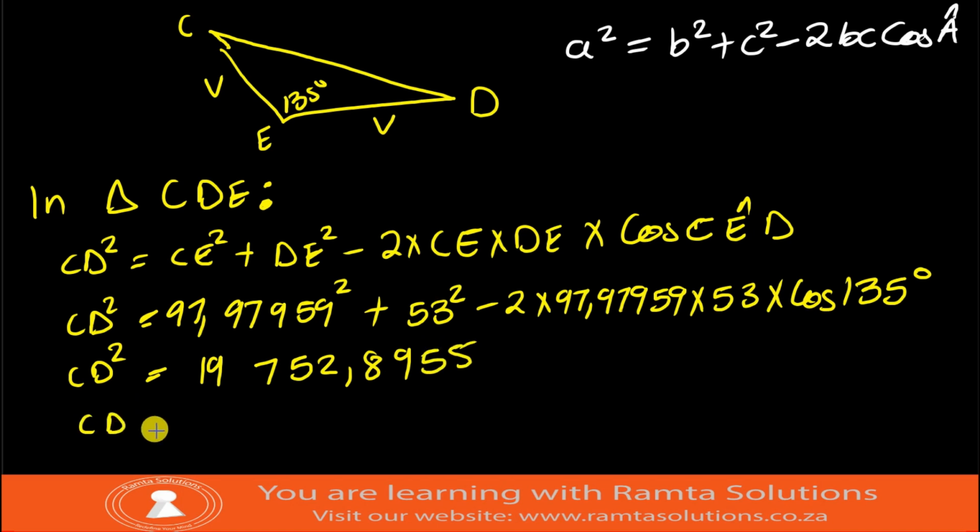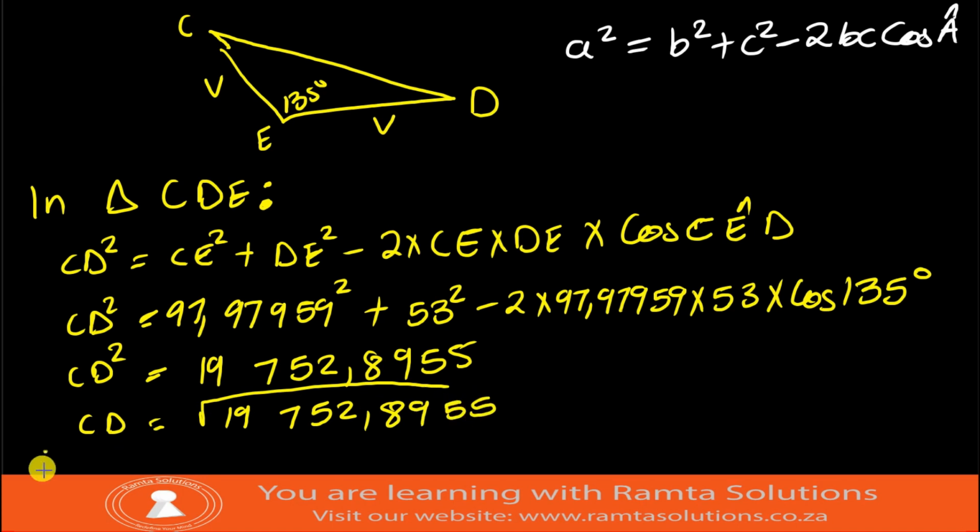So CD is the square root of this number here, 19,752.8955. Therefore, CD is the square root of this, 140.54 meters. This is your CD. Are you guys happy? This is your CD.